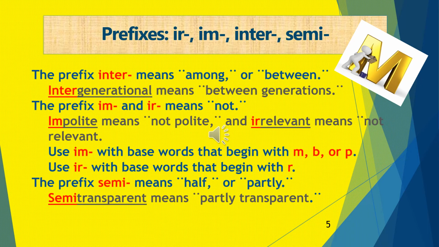Im and ir mean no, and the prefix inter means among or between. So don't forget about this. And remember, watch the video 2, 3, 4, 5 times because you need to remember all this information.